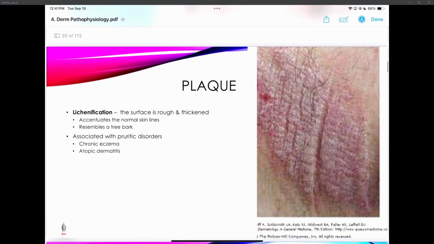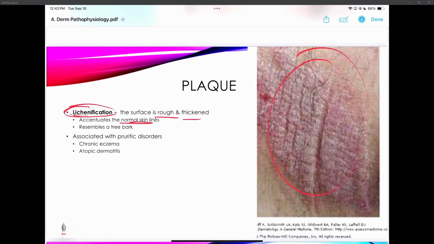Plaques can also look like lichenification, lichen, like plant surfaces. Rough and thickened, accentuates the normal skin lines. You can see there, you have your normal ridges in your skin. With lichenification, they're more pronounced. You can see those lines a lot clearer as that skin gets more thickened and rough.